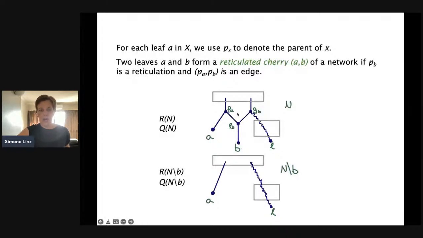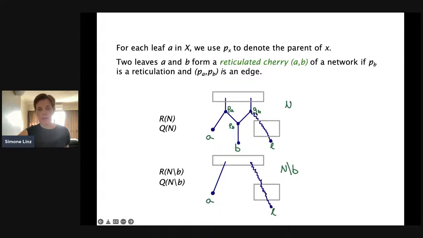So this little subgraph on three leaves indicates that we have a reticulated cherry AB with reticulation leaf B. And because we are in the normal class of phylogenetic networks, so we consider normal networks, we can also look at the second parent of PB.